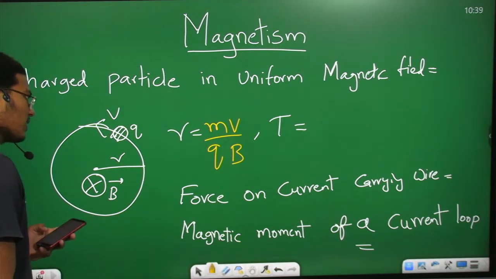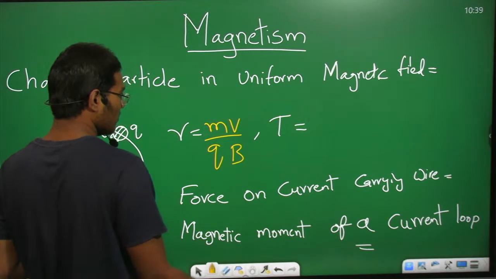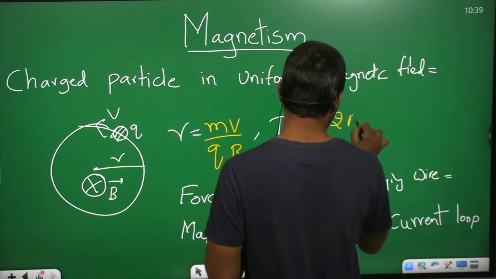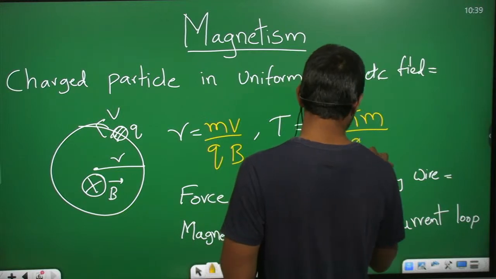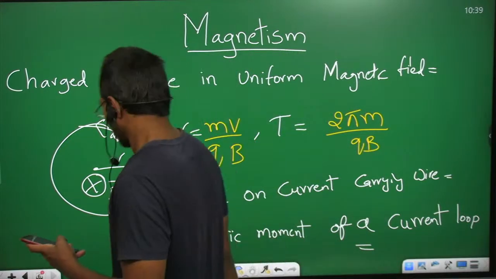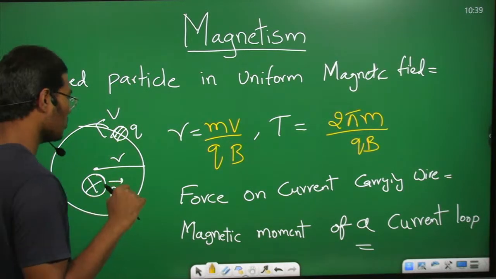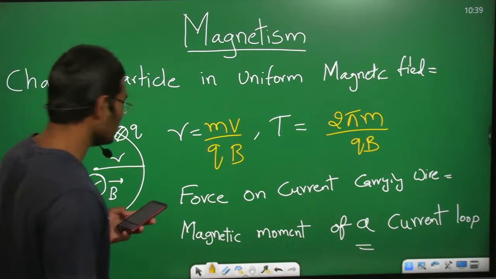B is the magnetic field, V is the velocity, m is the mass. What is T over there? Time period, 2 pi m by qB. So force on a current carrying wire placed in a magnetic field B bar, what is the formula for it?